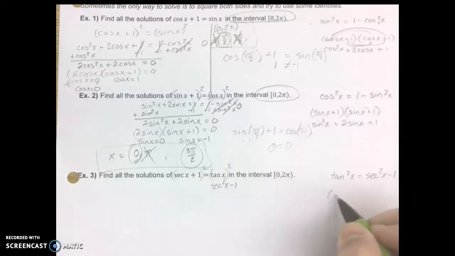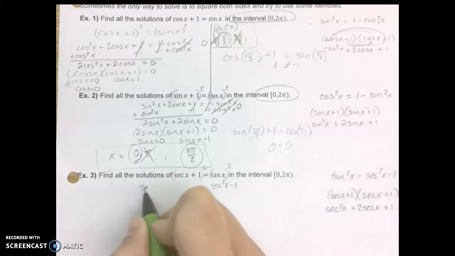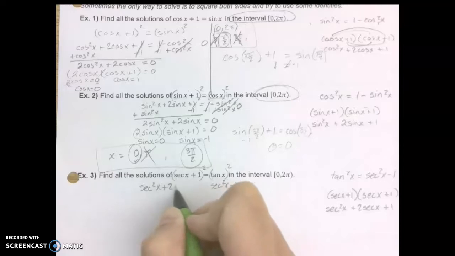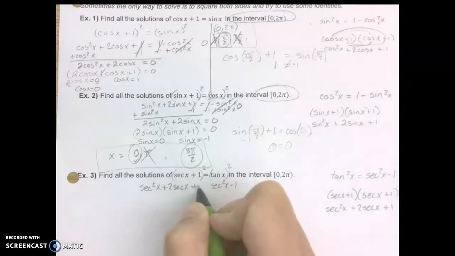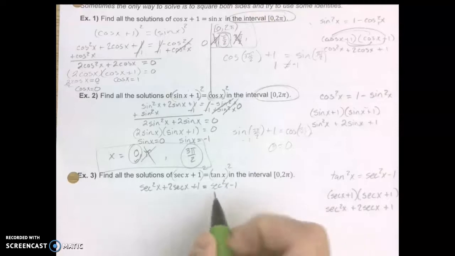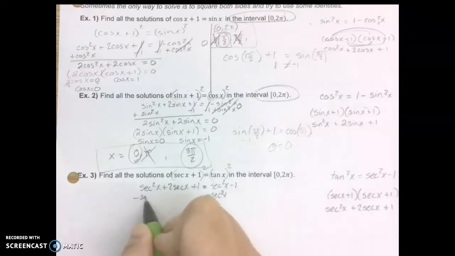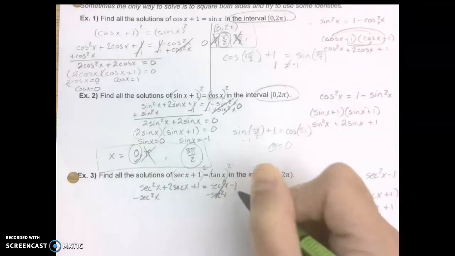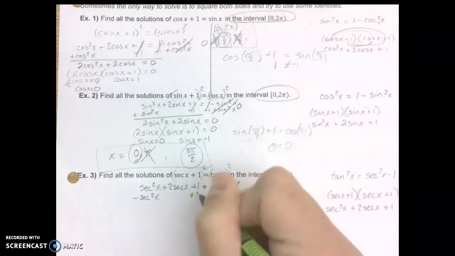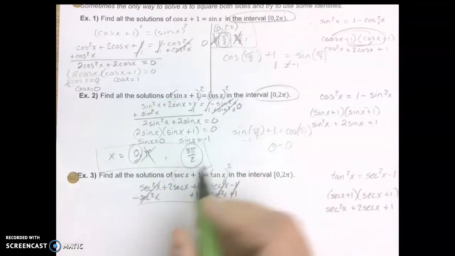And then secant of x plus 1 times secant of x plus 1 is going to be secant squared x plus 2 secant x plus 1. I'm going to subtract secant squared x to zero out here, and then I'm going to add 1. That's actually going to zero out.